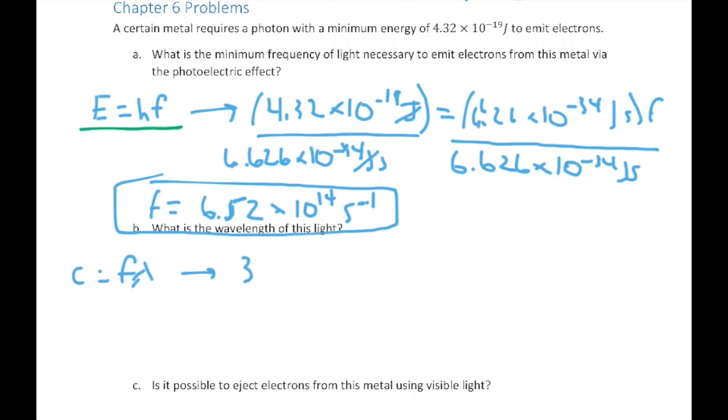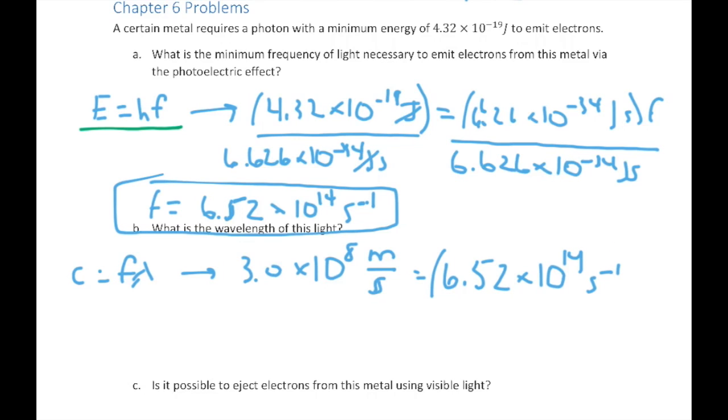That's the speed of light. c equals frequency, which we already calculated, 6.52 times 10 to the 14th inverse seconds times wavelength.